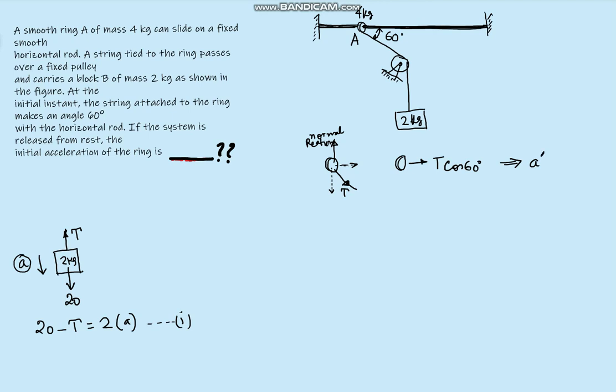Now, what is the relationship between A and A dash? That's what we need to find out. For the time being, just look at the figure. If you look at the figure, then you will be able to understand the relationship between A dash and A. If this is the ring, let us take this as X, exactly where that particular pulley is there, and this is the string that is passing over the pulley and it is moving down.